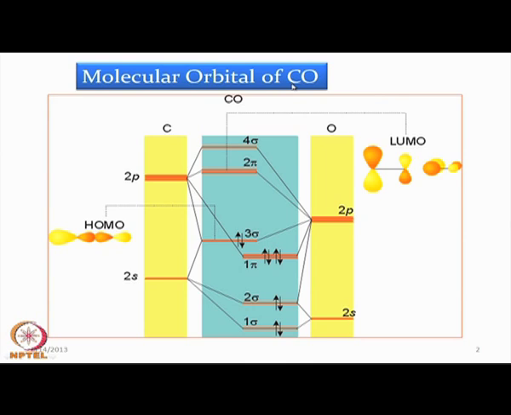There is a large number of such metal carbonyl complexes, such as nickel tetracarbonyl and others, but in this particular case we look at the molecular orbital picture for the carbon side and that of the oxygen side, because the oxygen side has more electrons.